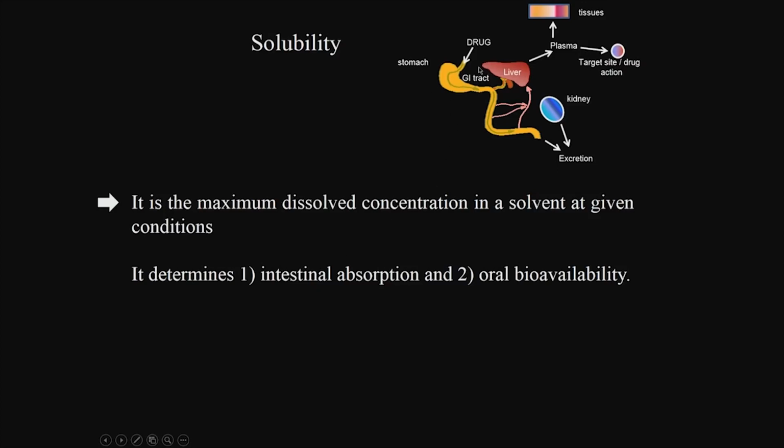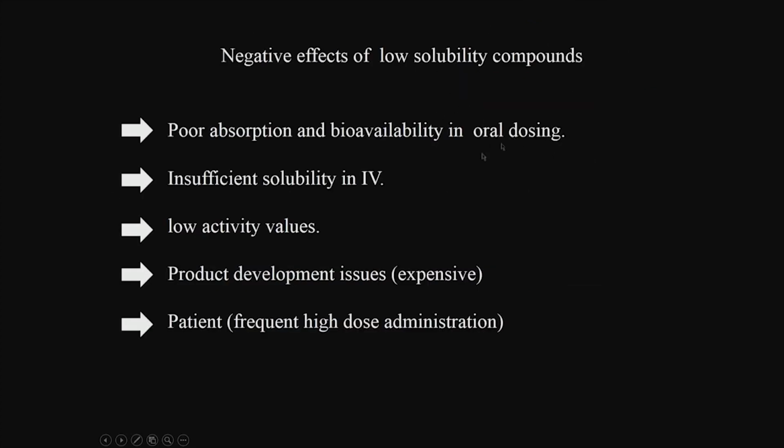If the drug is not soluble, it remains as a solid, so it may get effluxed out through the GI tract, and it also determines the oral bioavailability, because whatever goes inside has to come on the other side to the target site, hence the oral bioavailability is also determined by the drug solubility. So, poor absorption and poor bioavailability are big problems because of poor solubility.